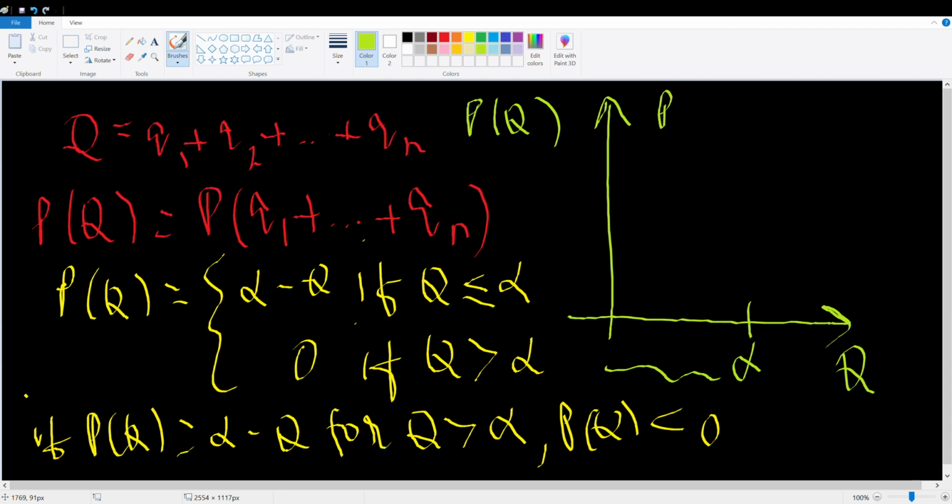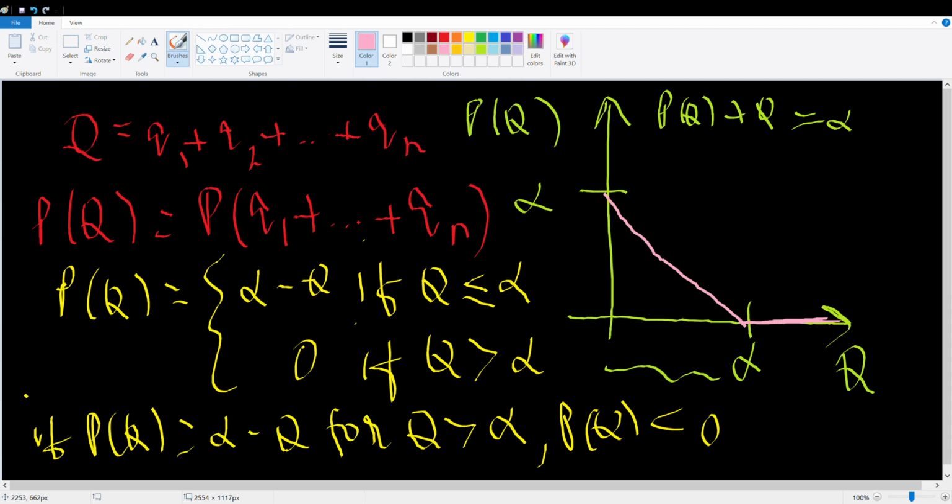We can just rearrange the linear part and write it like this, which gives us equal intercepts of alpha on both the vertical and the horizontal axis. So for values of Q less than or equal to alpha, the inverse demand function is linear, and for values of Q greater than alpha, the inverse demand function gives the value of the market price equal to 0.